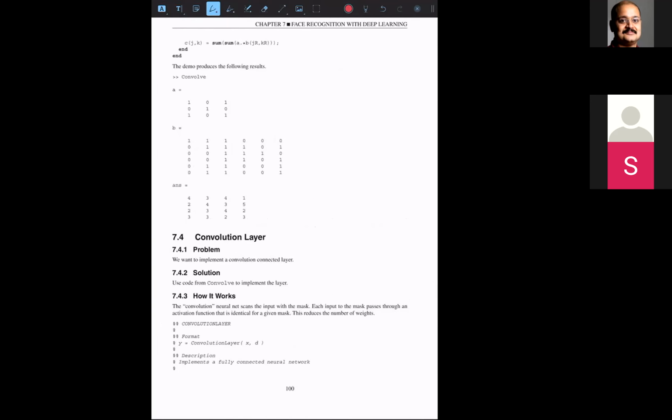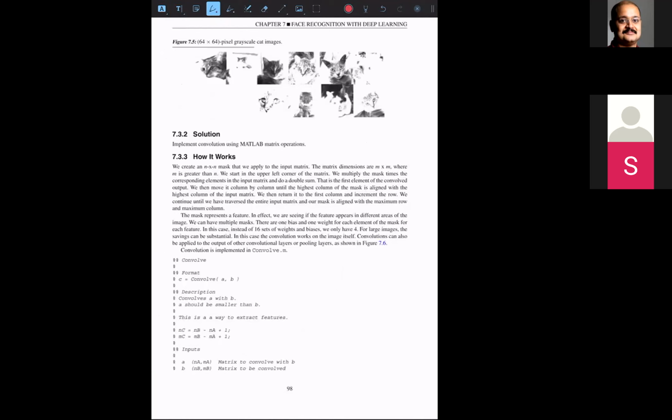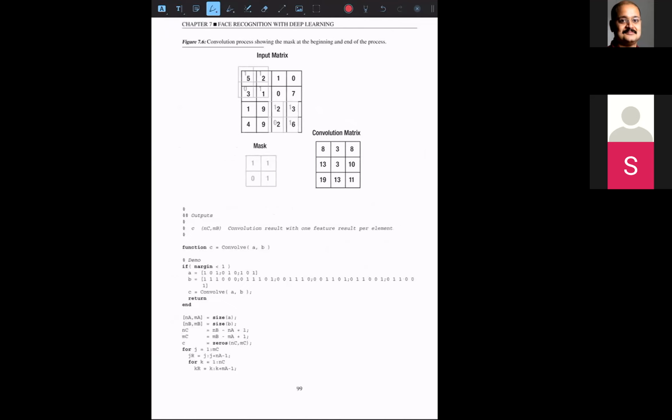This is the code for convolution. What I want you to do is please look at the code which is called convol. Can you see that code, convol? It should be in the chapter. In convol, please run this demo.